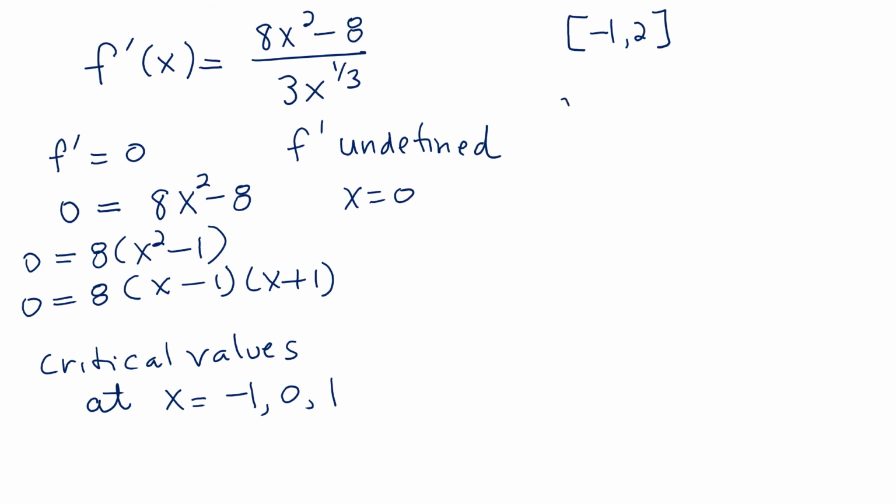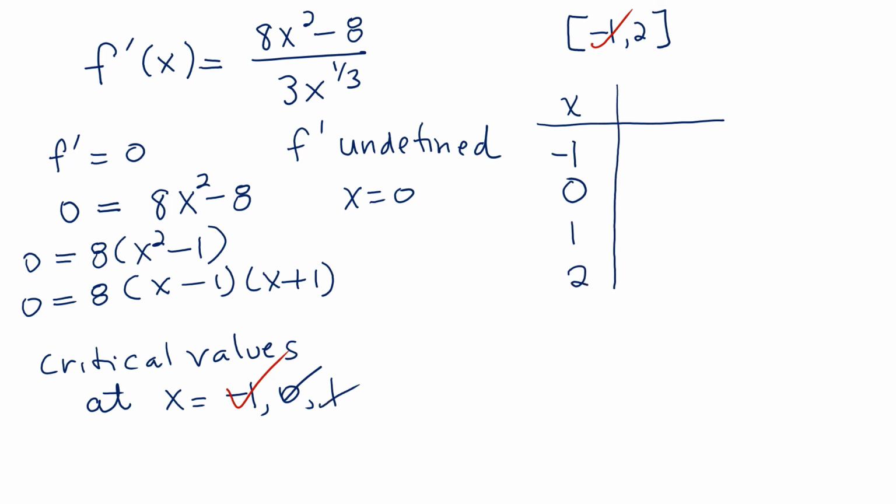So we want to solve at x = −1, at x = 0, at x = 1, and at x = 2. Do this in your calculator, it'll just be quicker, for f(x), not f'(x), but for f(x).